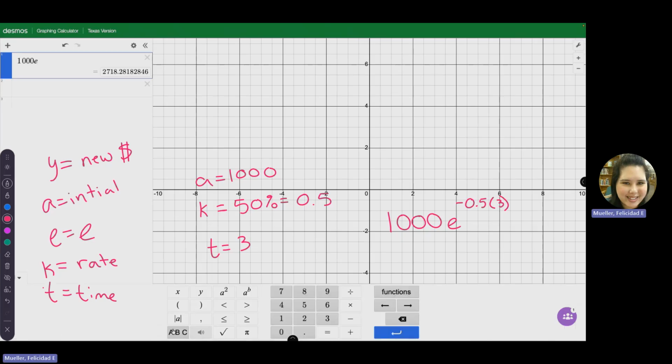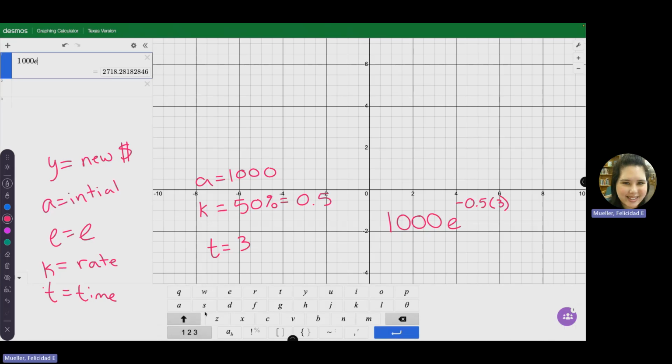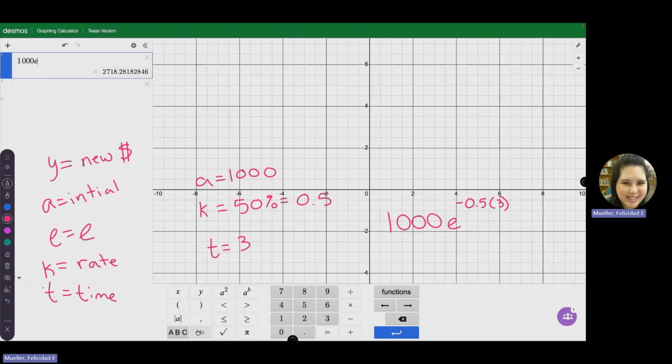Let me double check and make sure it's not under functions.